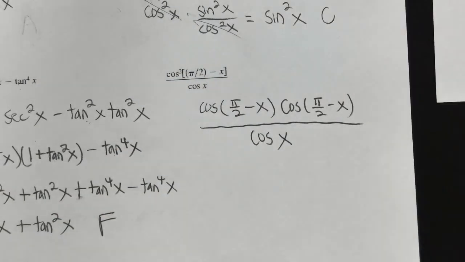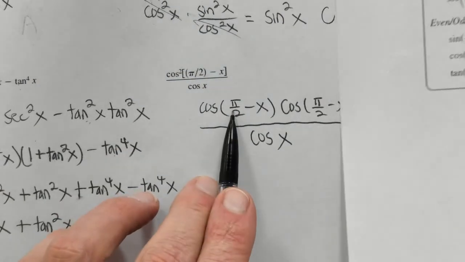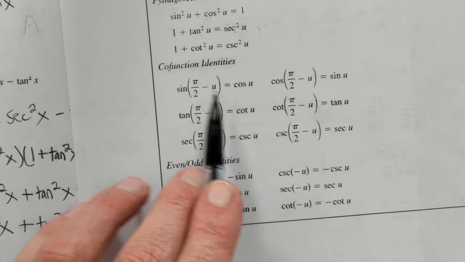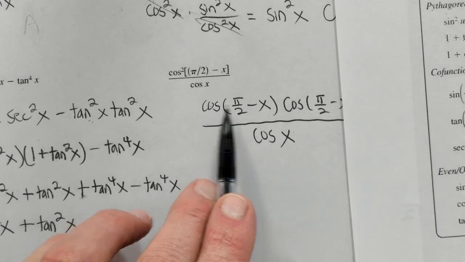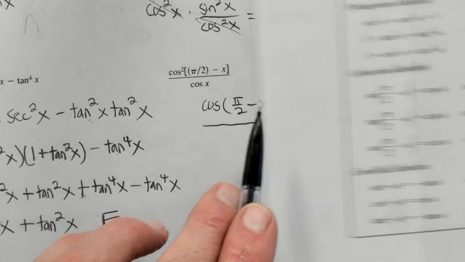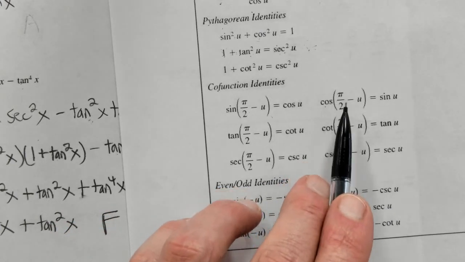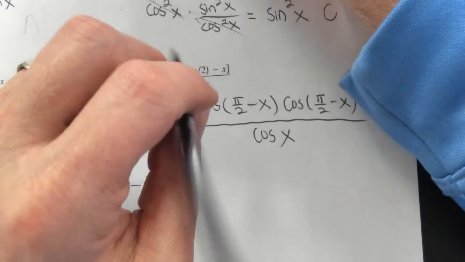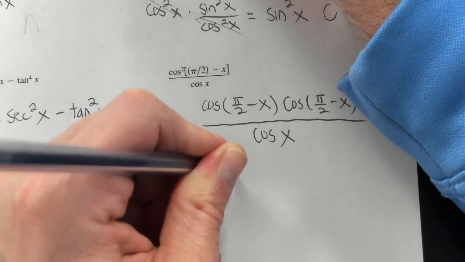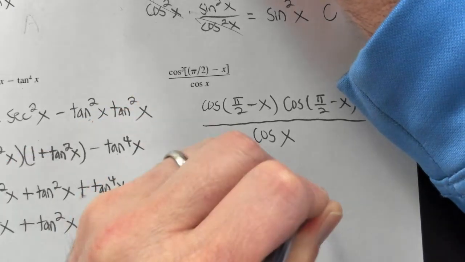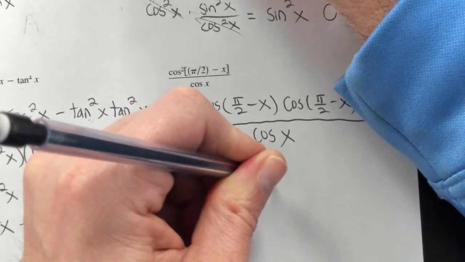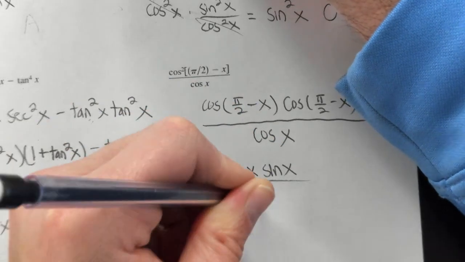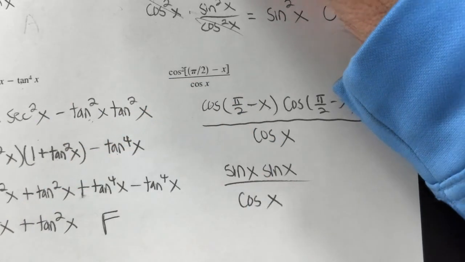All right, so now we can take a look at one of our cofunction identities here and change this part. Cosine of pi over 2 minus x is equal to sine of x. So I'm going to change this into sine of x times the sine of x over the cosine of x.